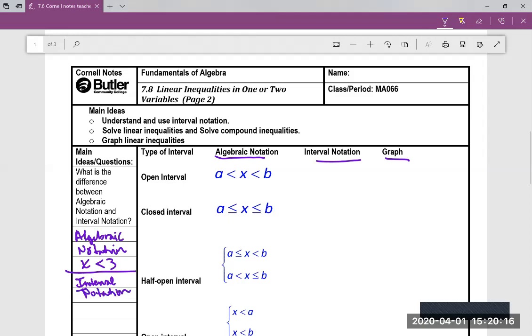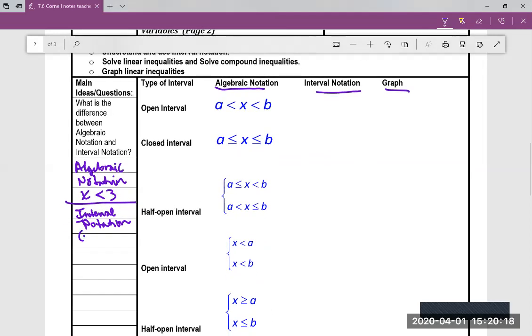And in interval notation, there's really no variable. It's going to look something more like this. Say 3, 5. Okay, and I'll explain what some of these extra symbols mean here.